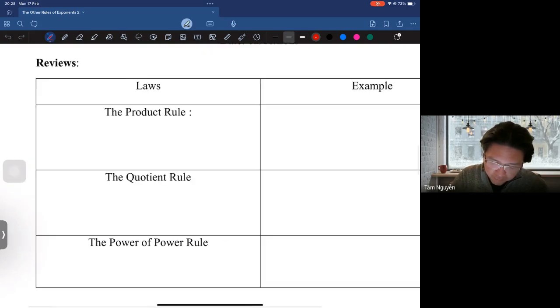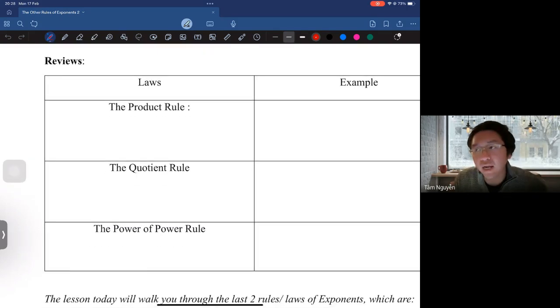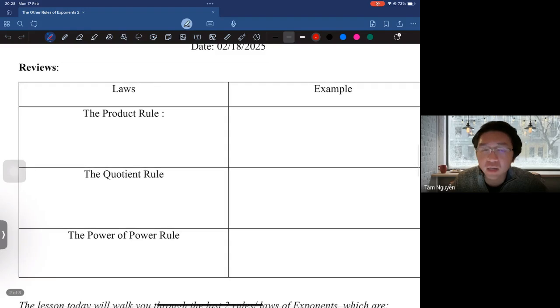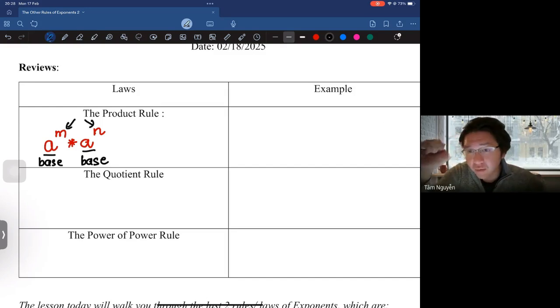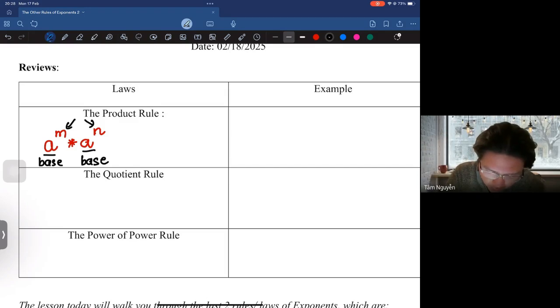Last week, we learned about three laws. The first one is what we call the product rule, which says that if you multiply two exponents with the same base, the big number right here we call the base, and the little number at the right corner we call the power or exponent.